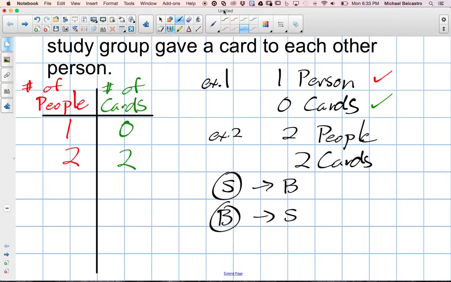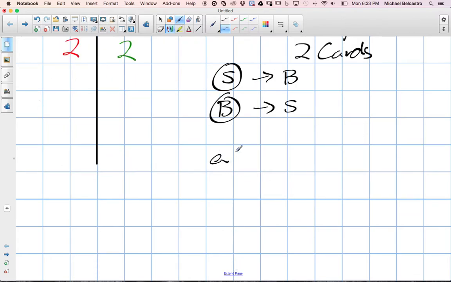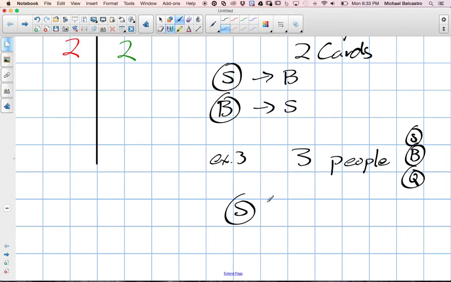Trixie wants to go outside. Okay. Example 3. 3 people. We had names before. We had Sandra, Bob. Who else are we going to call in there? Quincy. Let's set up these scenarios. Sandra can give a card to Bob and a card to Quincy.